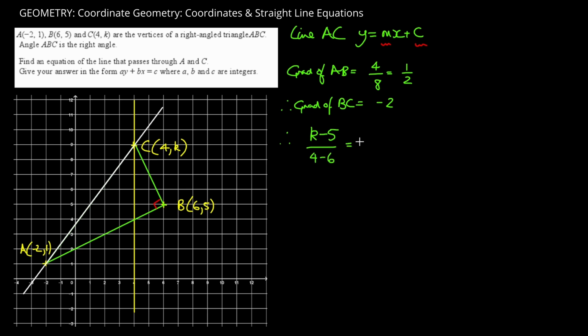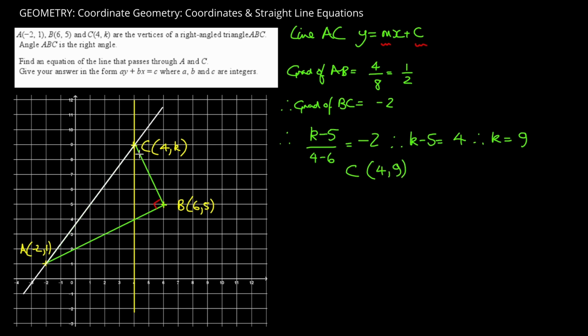And that's equal to -2. 4 take away 6 is -2. So we get k minus 5 is equal to 4. Therefore, k is equal to 9, adding 5 to both sides. So the coordinates of C, as calculated, are (4, 9).